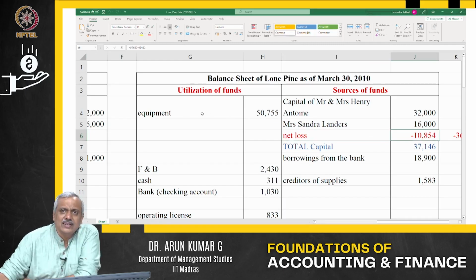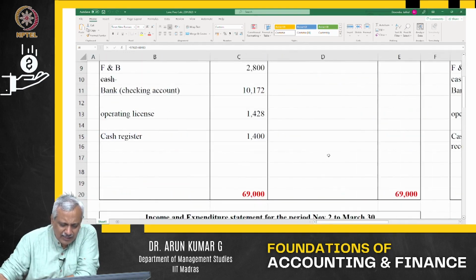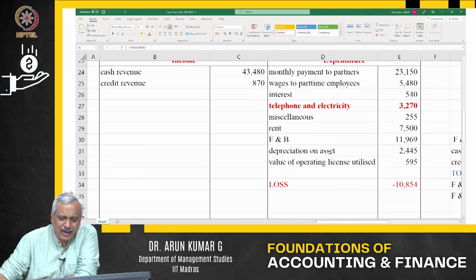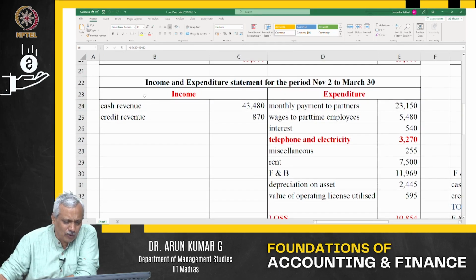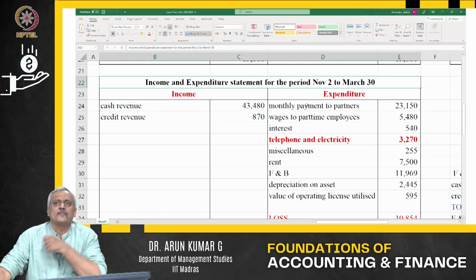And we said there are two balance sheets, opening and closing, each on a specific date. During the period, how did the organization, the entity or the cafe perform? We prepared what is called the income and expenditure statement for the period.